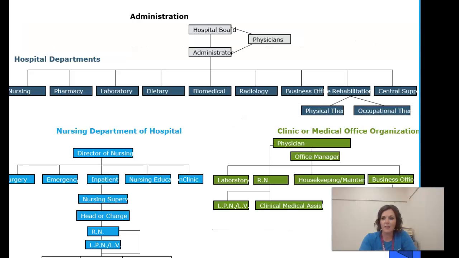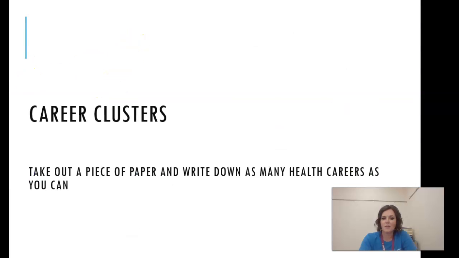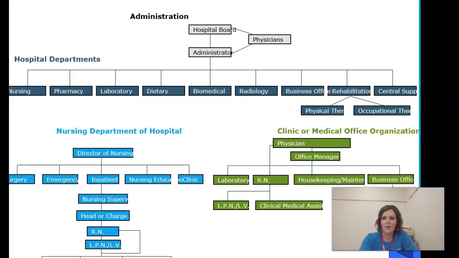Let's say that you are working as a registered nurse, and you have a problem with one of your coworkers. Who would you go to next? Would you go straight to the hospital board? Probably not.